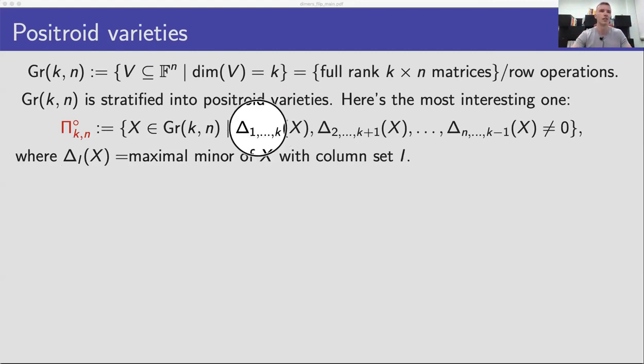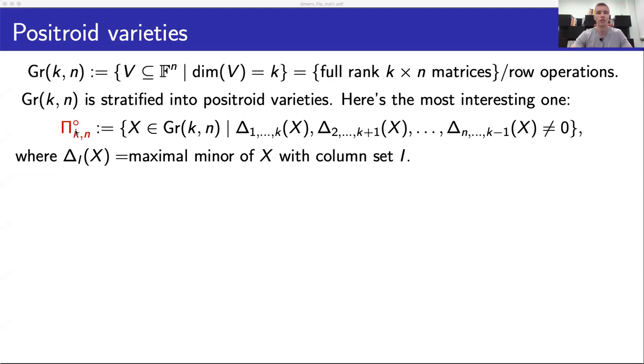And so I ask that the first k columns form a non-zero determinant, and then the second k columns form a non-zero determinant, etc. At some point, it starts wrapping around the circle. So the last non-zero minor is n, 1, 2, up to k minus 1. And that's it. I ask that these are all non-zero, and that defines a Positroid variety.